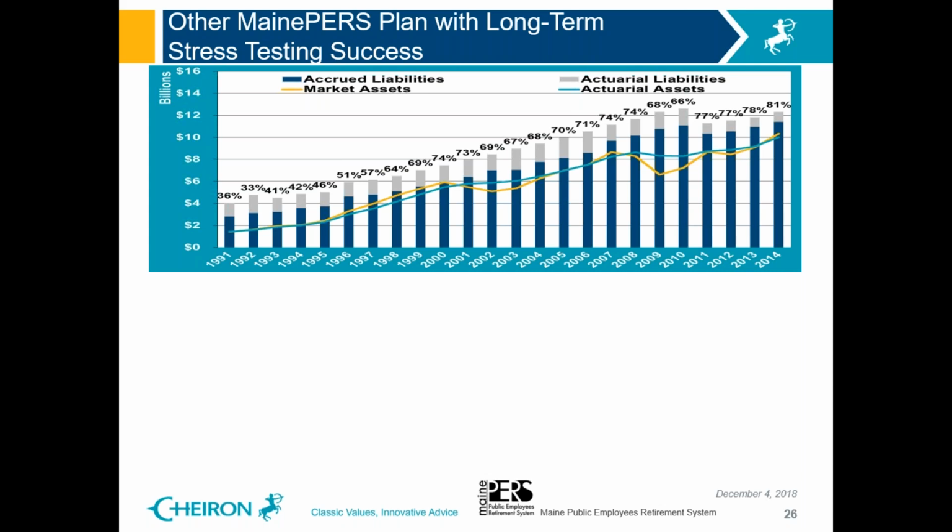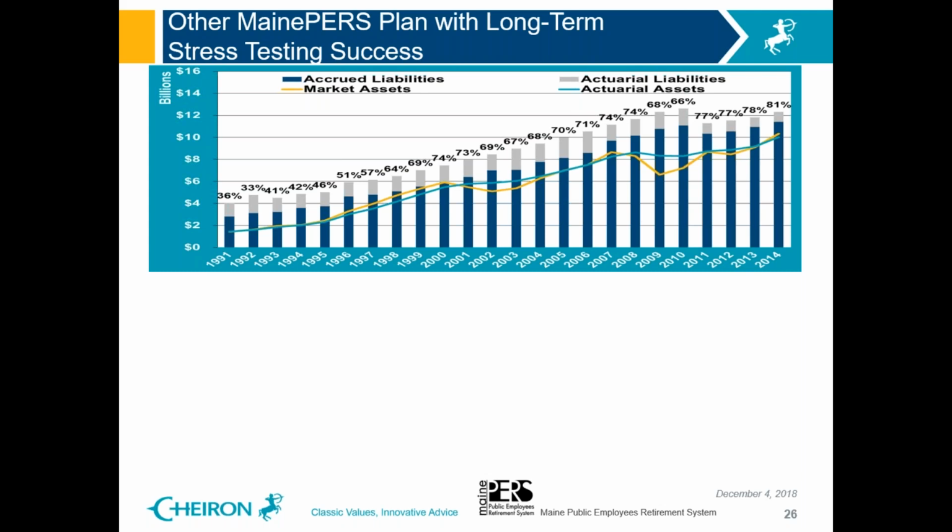In the 1980s, at one point, this plan was 22% funded. And so it was, if not the worst, one of the 3 worst funded plans in the country. And Sandy, that was at a 10% discount rate. Yes, 22% funded at a 10% discount rate.